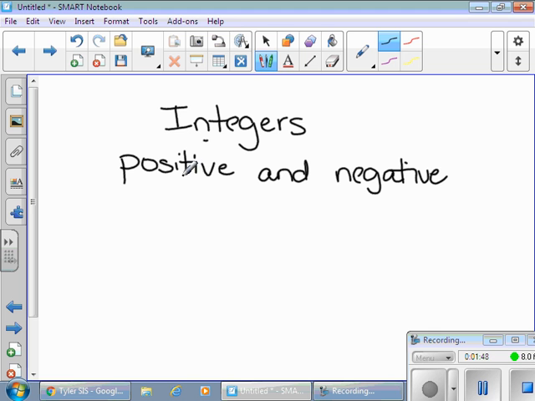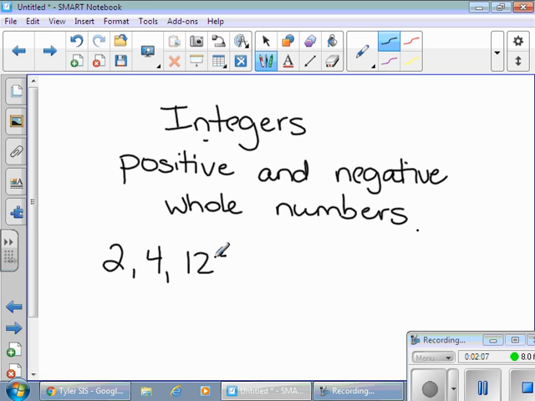All right, these are positive and negative. Now I'm going to use the word whole numbers, and we're going to talk about some groups of numbers in a second. Positive numbers are just our normal numbers.